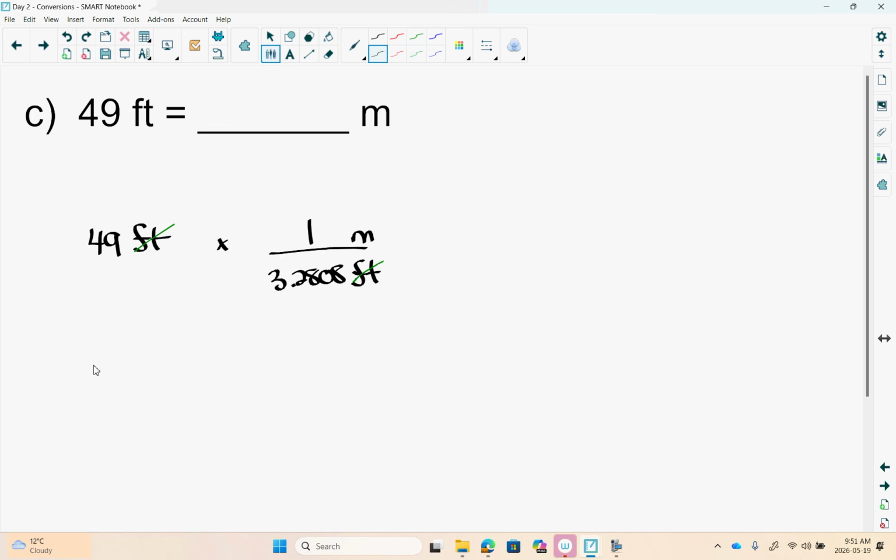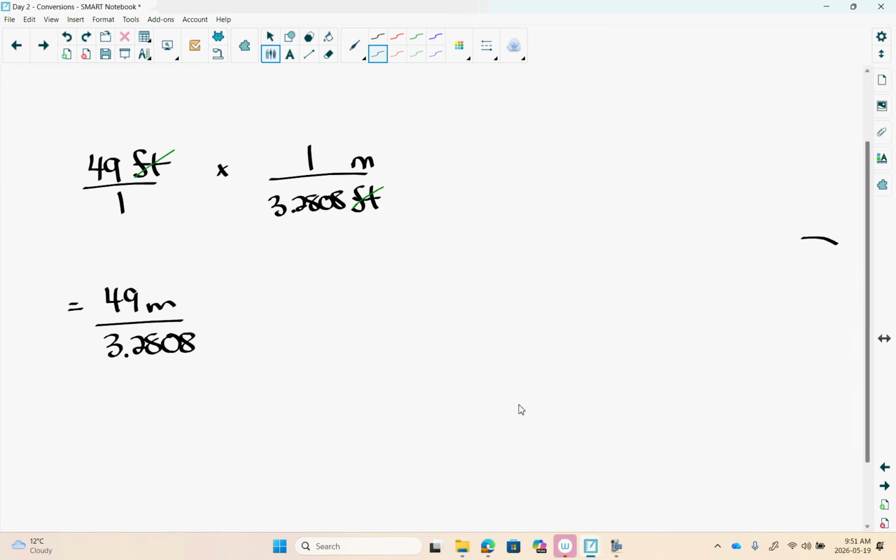Top by top, I end up with 49 meters. Bottom by bottom, there's a 1 under this, times 3.2808 is 3.2808. Remember, the feet are gone now. There's no feet left. What's 49 divided by 3.2808? I get 14.9354.